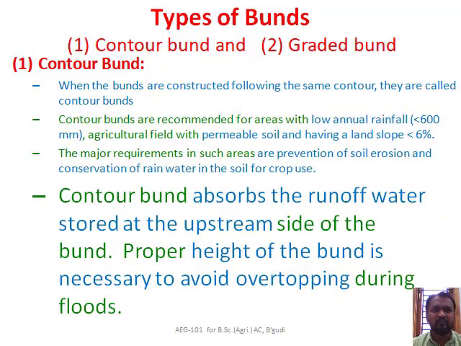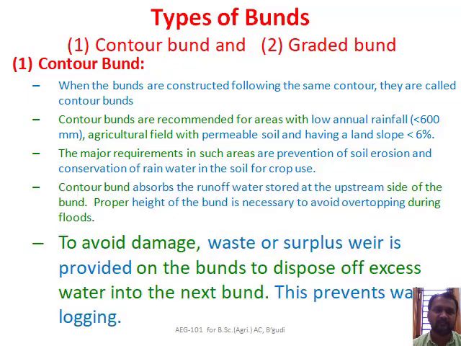They absorb the runoff water stored at the upstream side of the bund. Proper height of the bund is necessary to avoid overtopping during floods. To avoid damage, a waste weir is provided on the bunds to dispose of excess water into the next bund, and this prevents waterlogging.